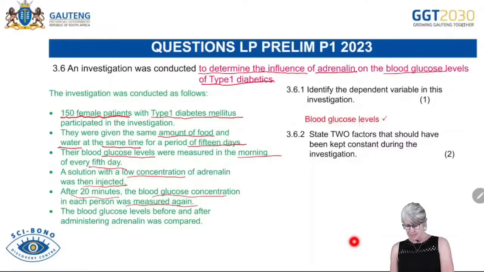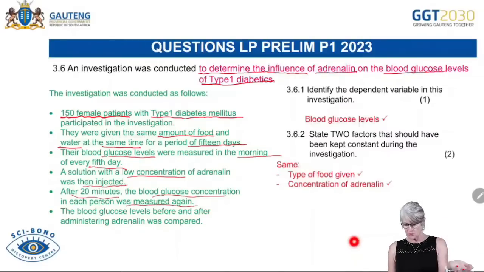Then the next question, they say, state 2 factors that should have been kept constant during the investigation. Okay, so we had a look there. They gave us a lot of things that were kept constant. They kept the same type of food. They said they were given the same amount of food, so the same type of food. The concentration of adrenaline should be the same. Can't give some more or more concentrated adrenaline than others.